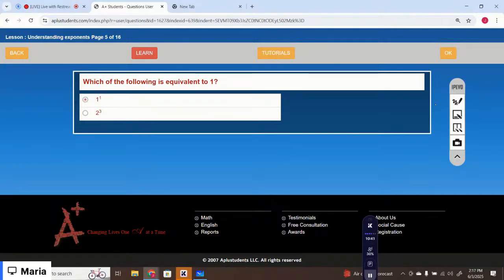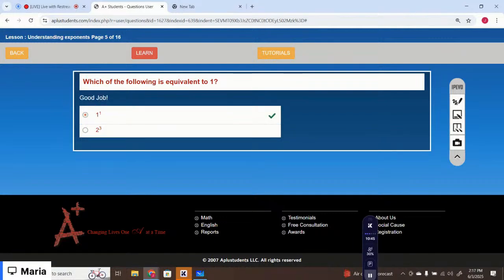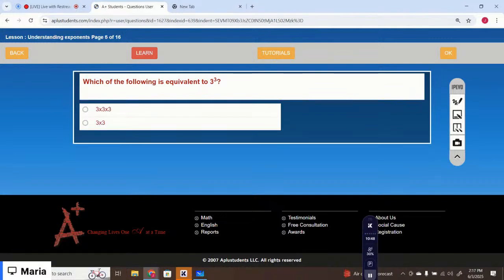Option number 1 is the correct option. Which of the following is equivalent to 3 exponent 3?